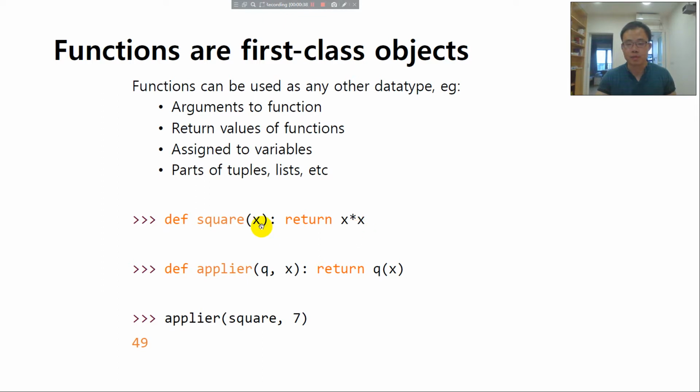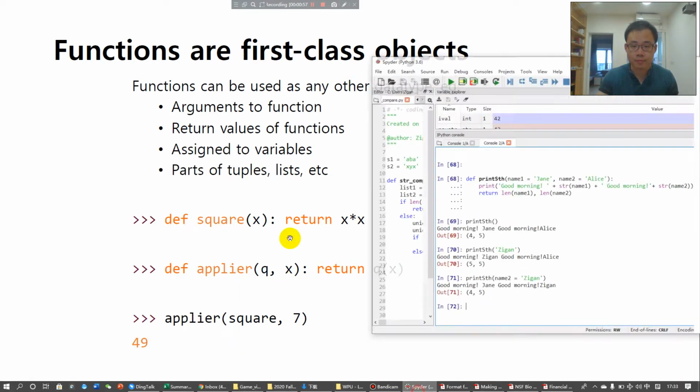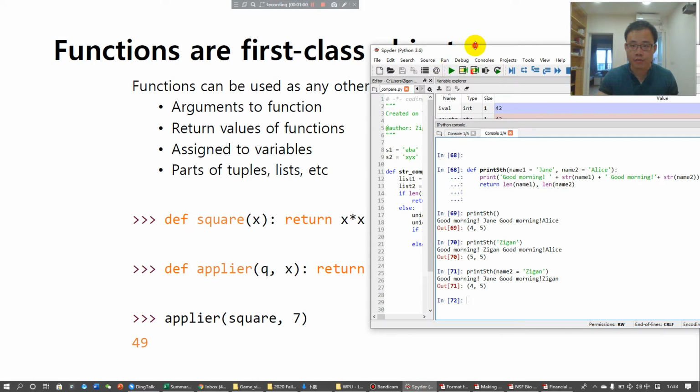You input 5, it's going to return 5 times 5, which is 25. And then you can define another applier function, which has 2 arguments, and the first argument is a function, which is very interesting if you really think about it.